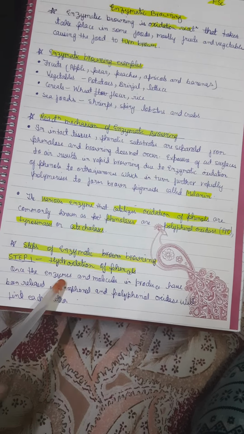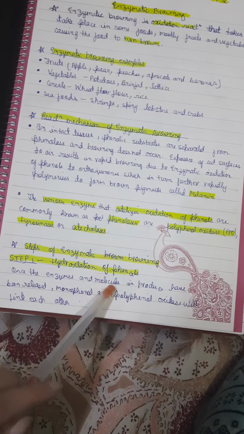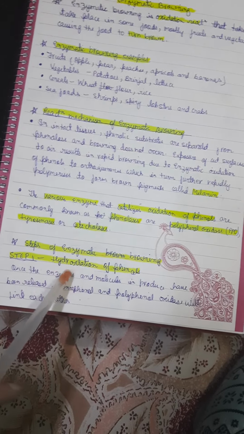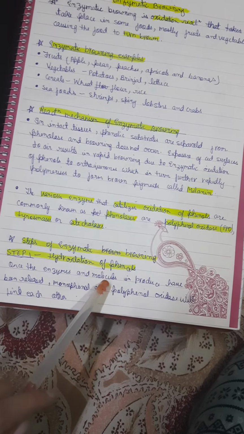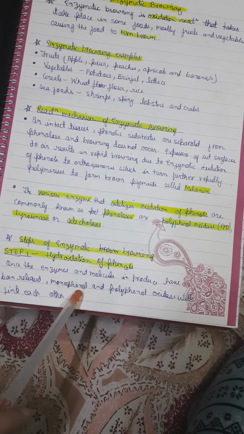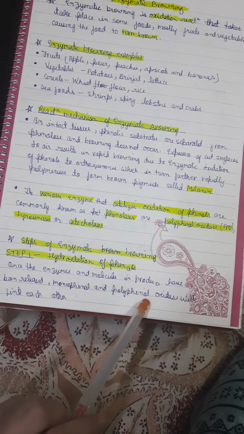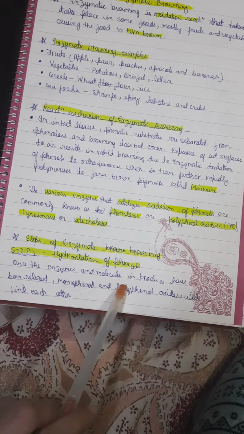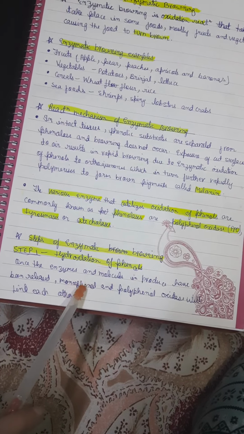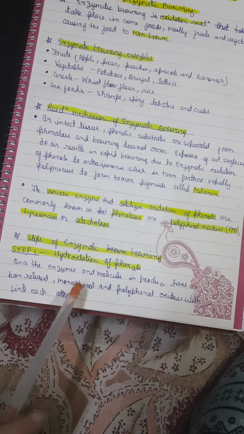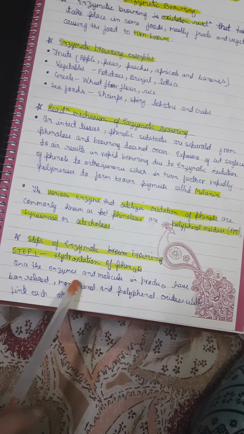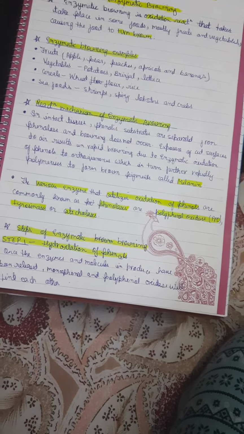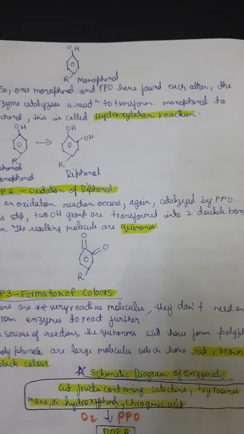Once the oxygen and the enzymes already present in the fruit are released, the monophenols and the polyphenol oxidase, which is the enzyme PPO, find each other. PPO and monophenol are already present in the food. So both of these, monophenol and PPO, will find each other.